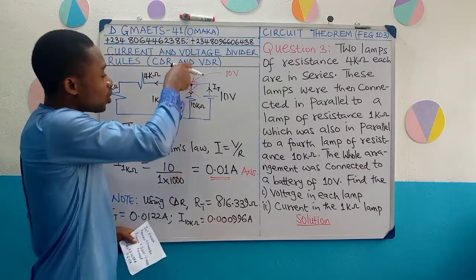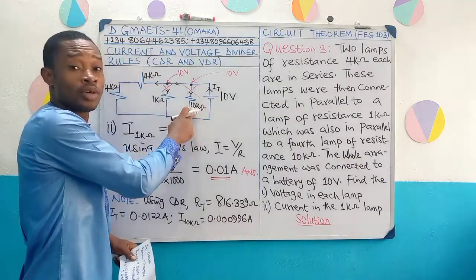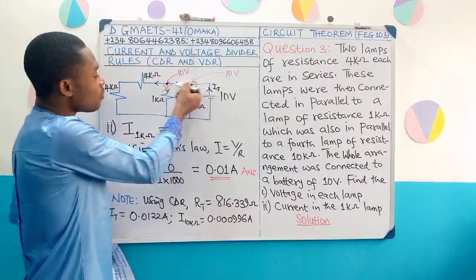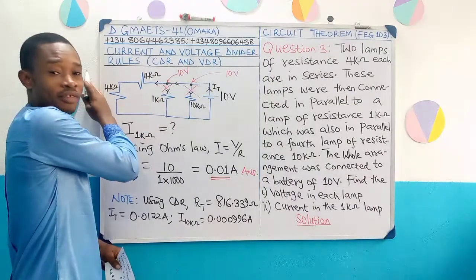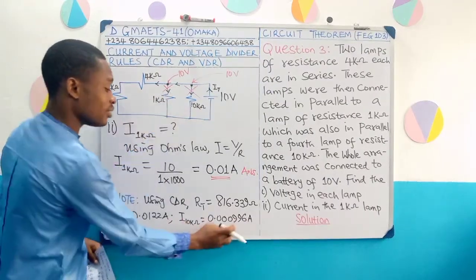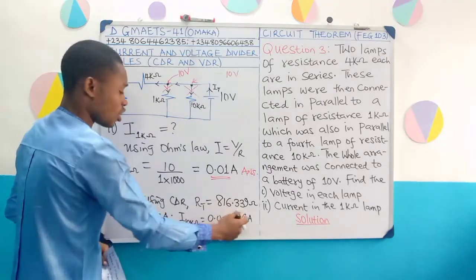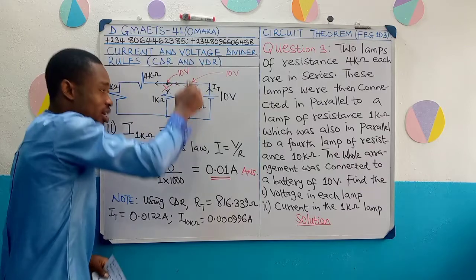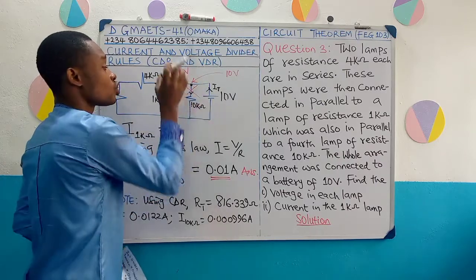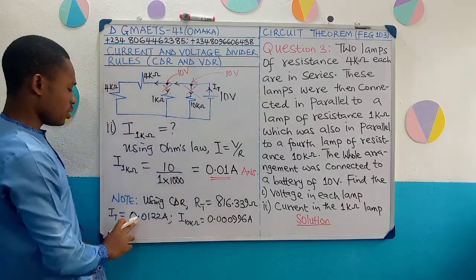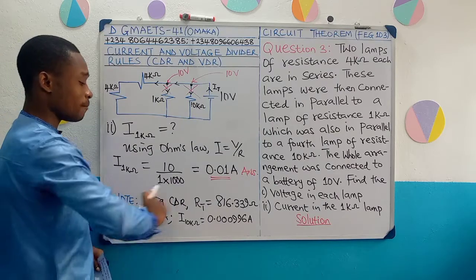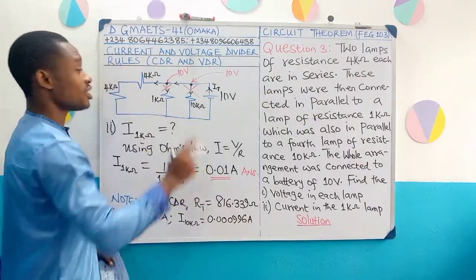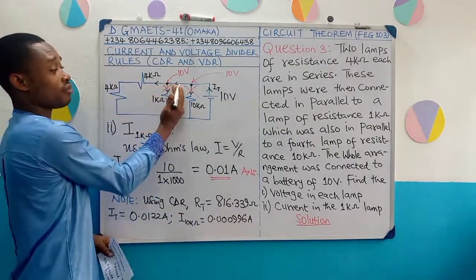Now, if we know the current that entered through this 10 kilo ohm resistance out of the total, and the total is 0.0122, to know the one that will feed the remaining part of the circuit, you will subtract this 0.000996 that entered here, that branched into this part. You subtract that value from the total, which is going to be 0.0122 minus 0.000996 to get the value of current that will enter this arm from this loop to this way.